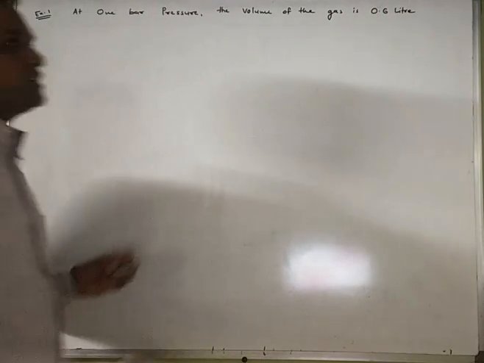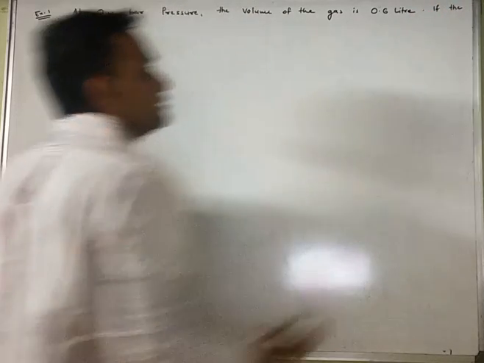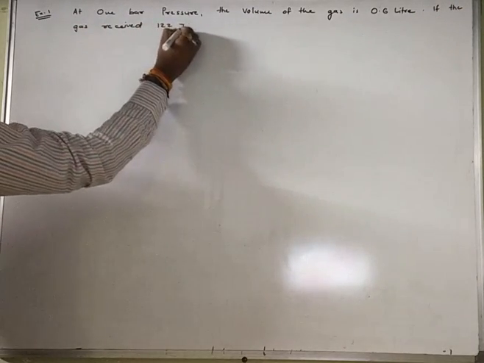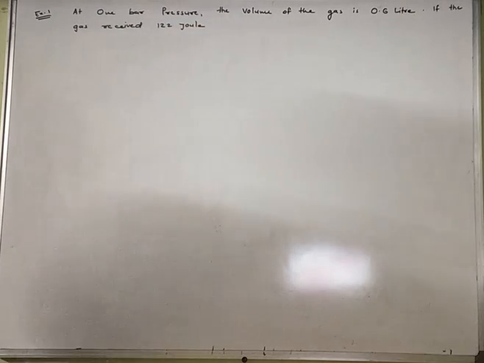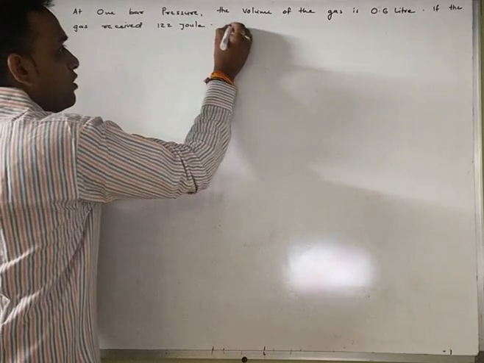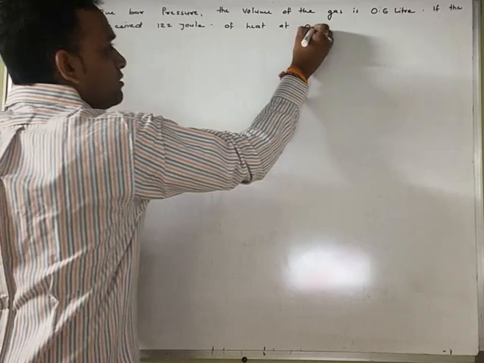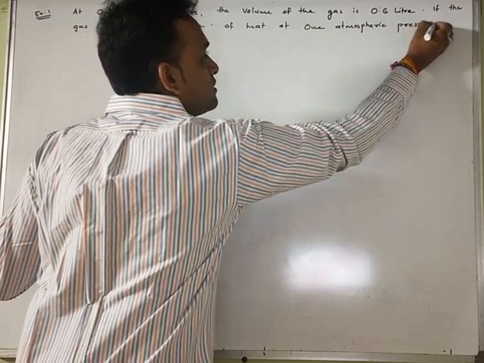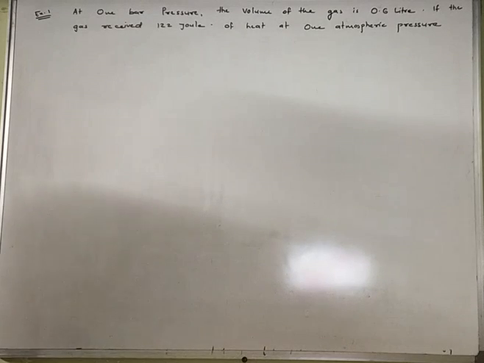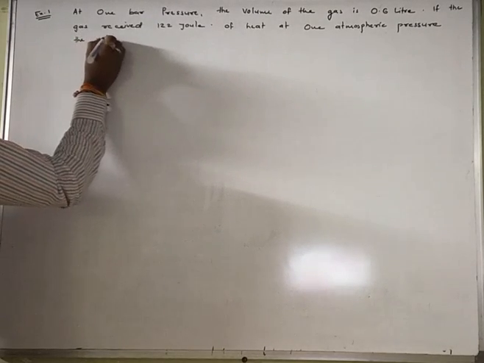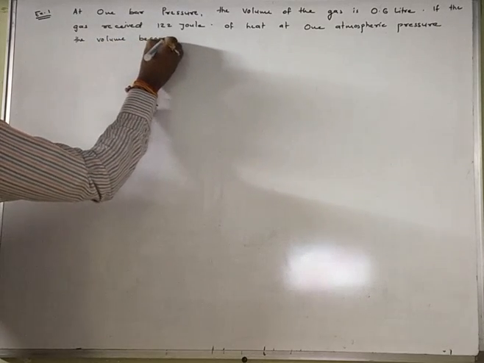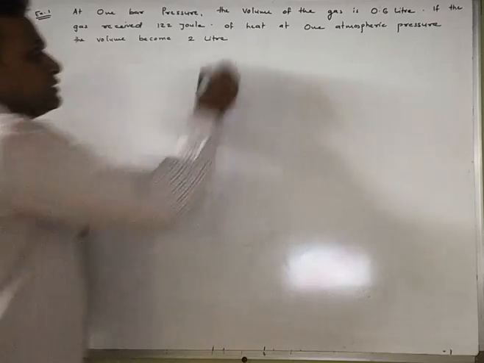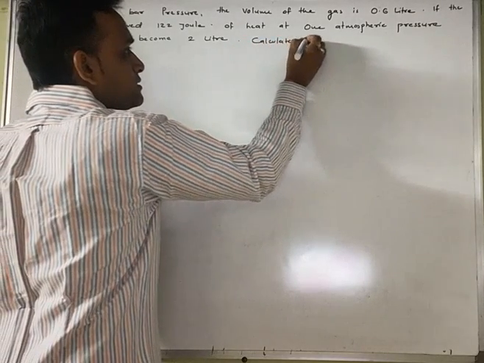If the gas receives 122 joule of heat at 1 atmospheric pressure, the volume becomes 2 liter. Then calculate its internal energy.